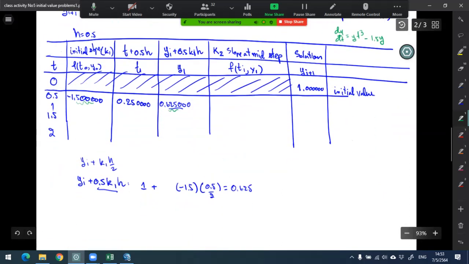So for k2, that is the slope at mid-step, f of t1, y1. t1 is equal to what? 0.25. y1 is equal to 0.625 times t1. So what happened next?